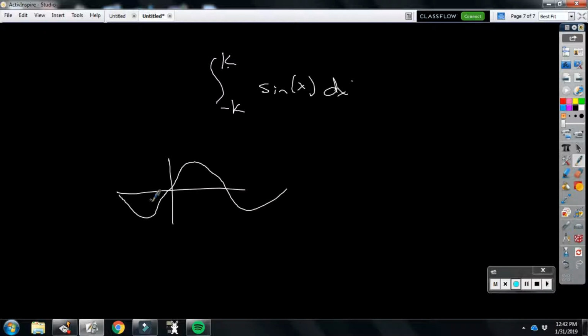So I'm getting used to this pen surface thing. So if I go from negative k to positive k, what do you think that area would be, no matter what k is? Well, on the negative side, that's all negative. On the positive side, this is all positive. No matter what, the area would be 0.